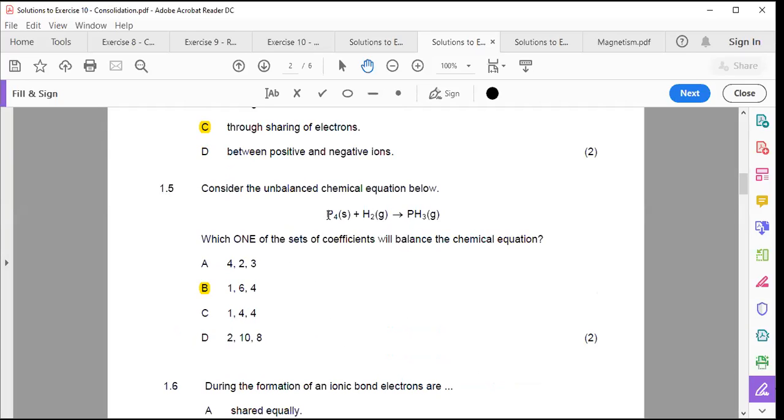So you're going to have 4, and here you'll have 4. But by putting 4 here, you are disturbing the hydrogen. So it's going to be 4 by 3, which is 12 hydrogens. So how do you make 12 hydrogens on the left? You have to put a 6 here. So it's going to be 1, 6, 4. 1, 6, 4. So the correct answer is B. Clear?